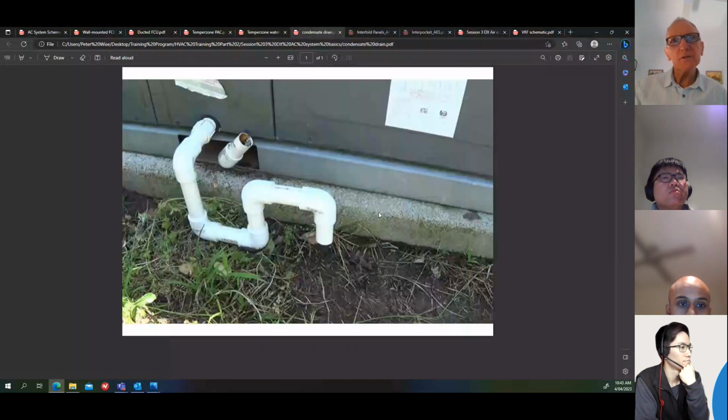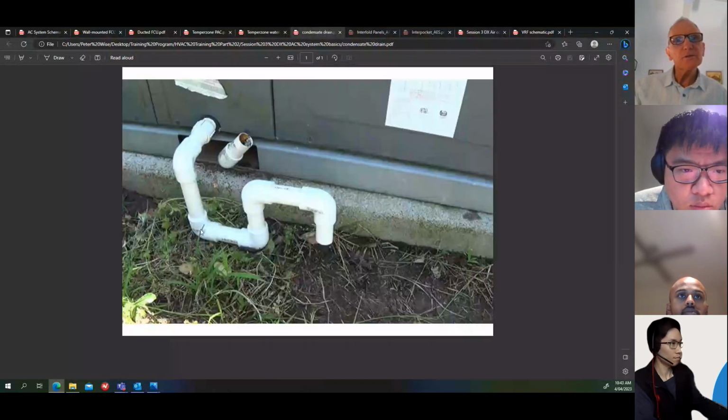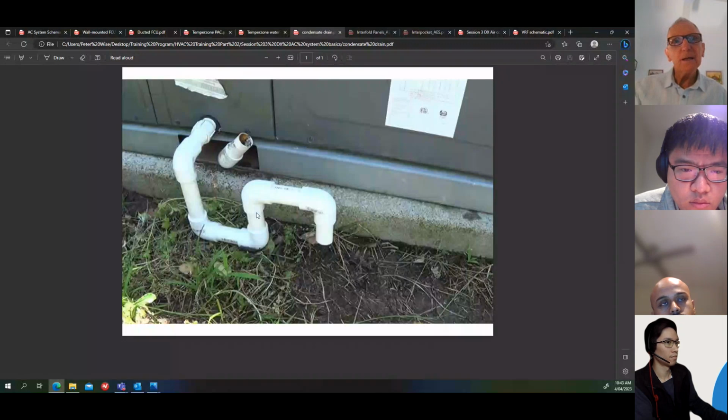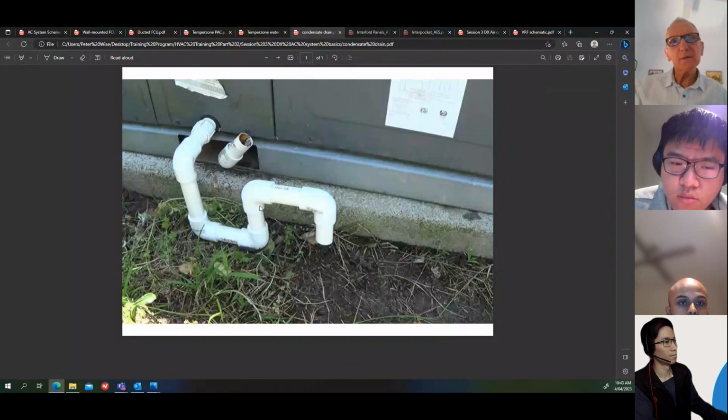This is obviously an outside unit, but there's the trap there. That trap has to be equal to or greater than the static pressure of the fan, and it's full of water. So when the water is draining out of the drain pan, it comes down here and just as the level goes up, it drains out. In this case, it just drops on the ground.